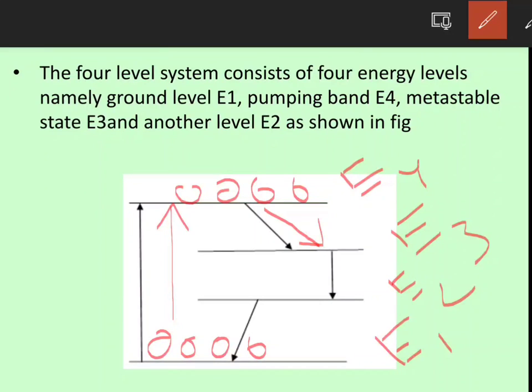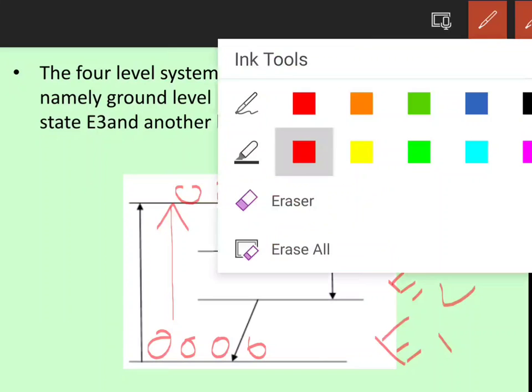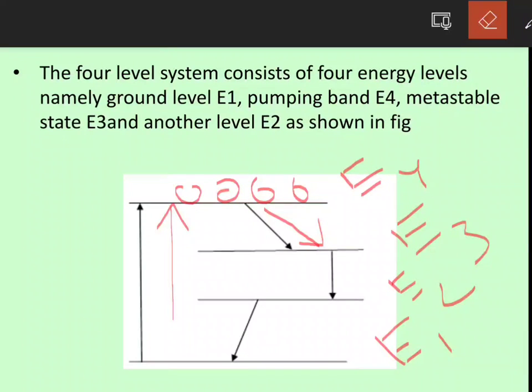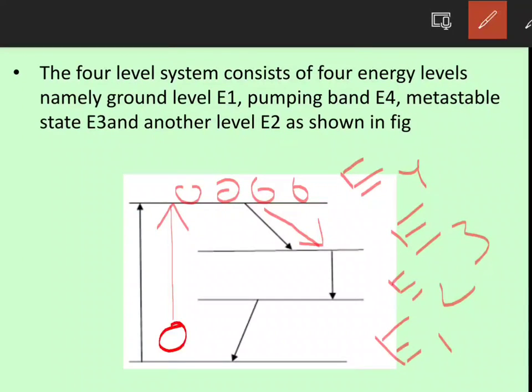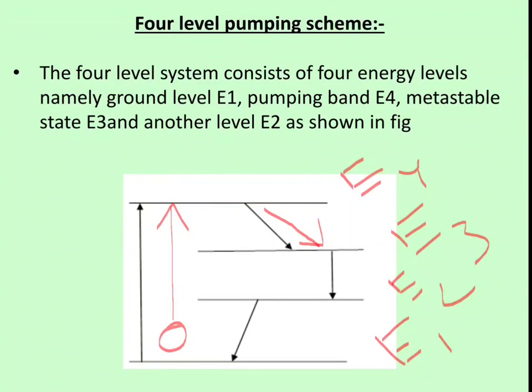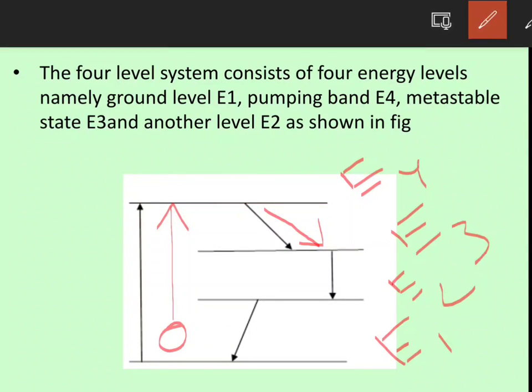So simply here, it has only one atom like that. So whatever transition takes place from E4 to E3, here it is a spontaneous emission, then easily the atoms are like that.